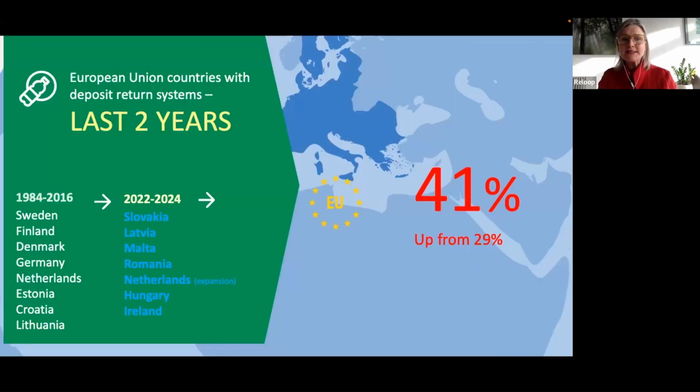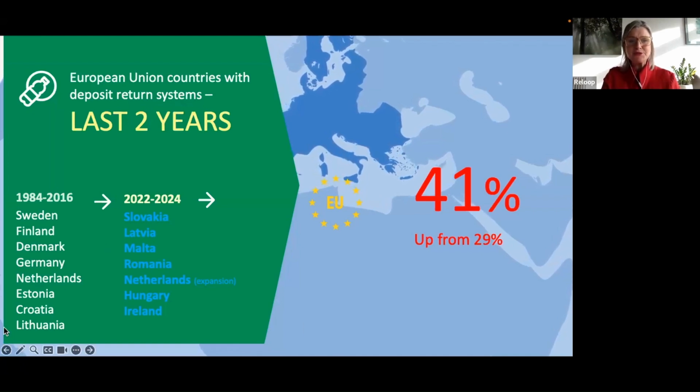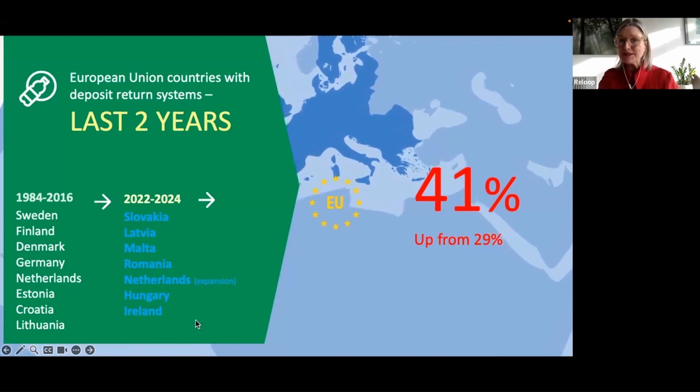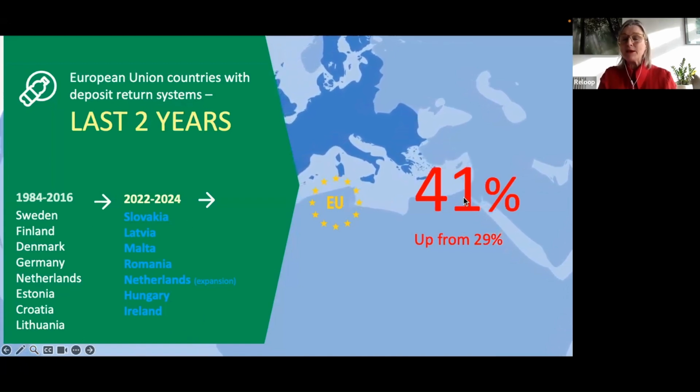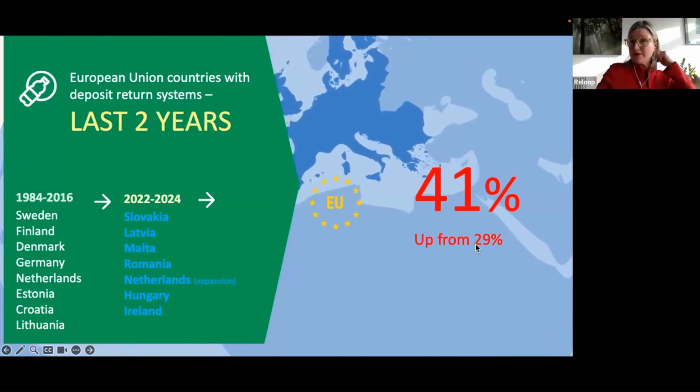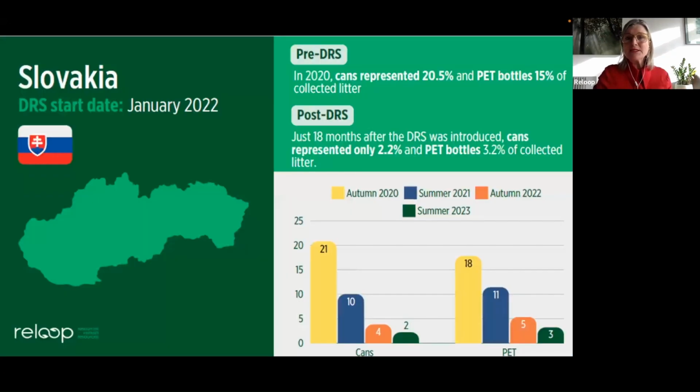Let's take a look at the last 2 years. So here we have in blue, these were the countries that were already on board in Europe. In blue, you have the countries that got introduced in the last 2 years. It represents a population of 41% covered, up from only 29% before 2022. Some of the results that we already have, which are quite impressive, I'll go through right now.